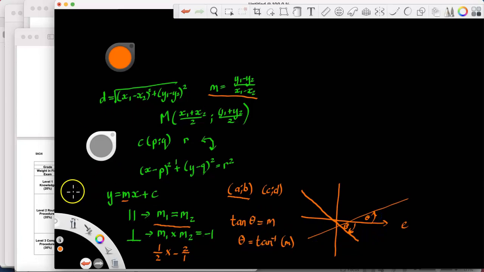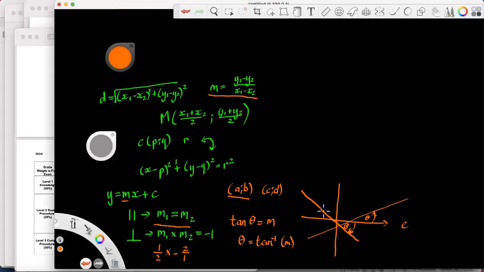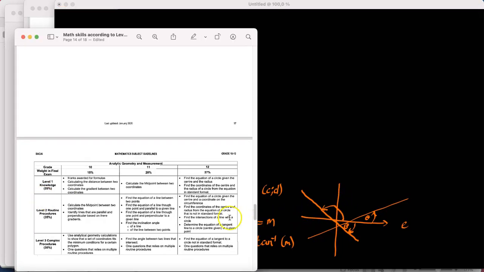And so level 2 at grade 10 level requires you to find the inclination angle of a line. Now, if you wanted this angle, obviously just take 180 minus the angle that you calculated. That would be the inclination angle, the positive value that it makes with the positive x-axis.